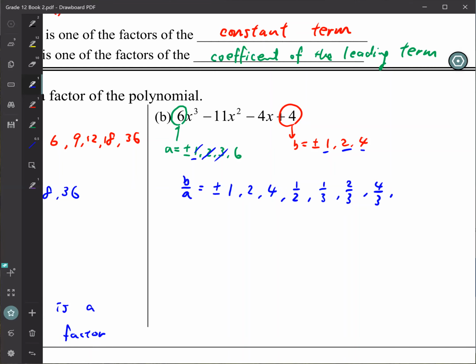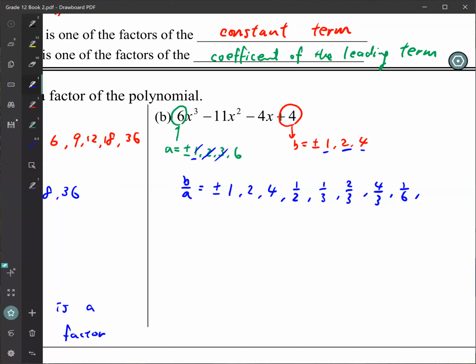Yeah, what is it? 1 over 6. Yeah. Go on. Wait, I think that's it.